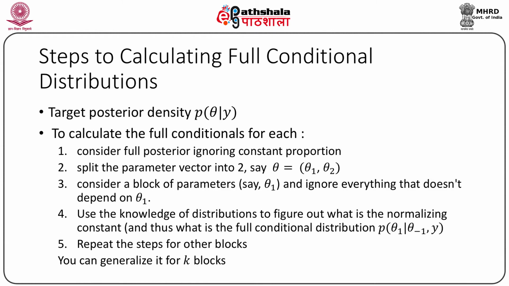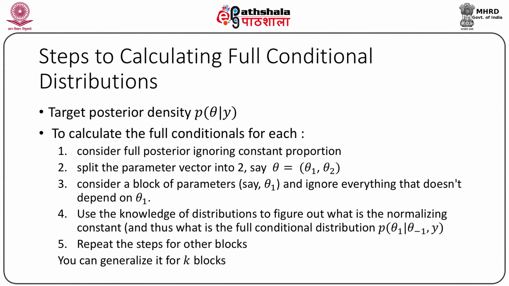Now we'll talk about the steps to calculating full conditional distributions. We have a target posterior density, and we calculate the full conditional for each parameter. We consider the full posterior, ignoring the proportionality constant. We split the parameter vector into 2 blocks, say 1 and 2.